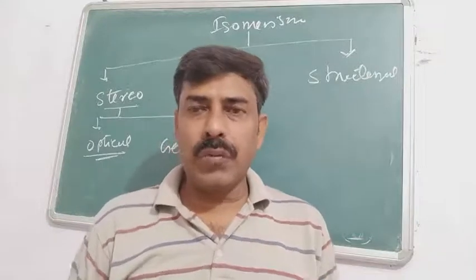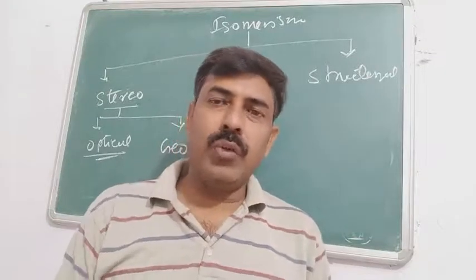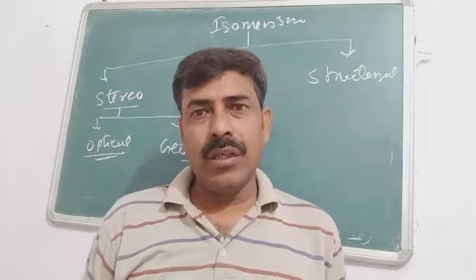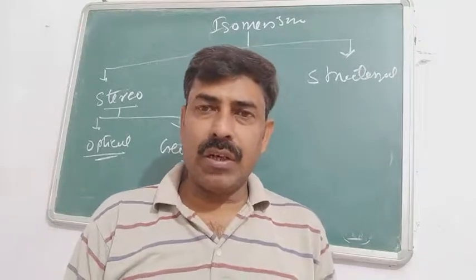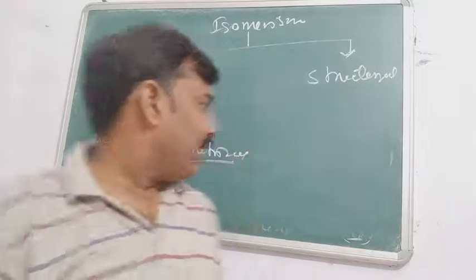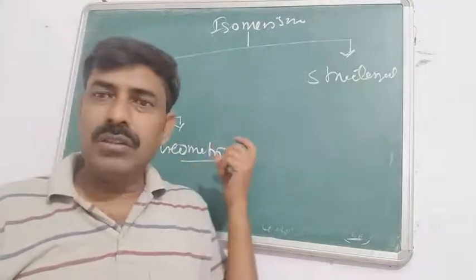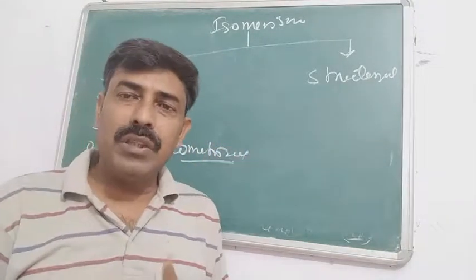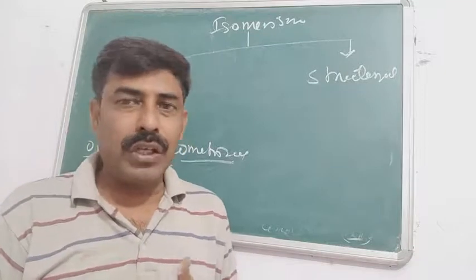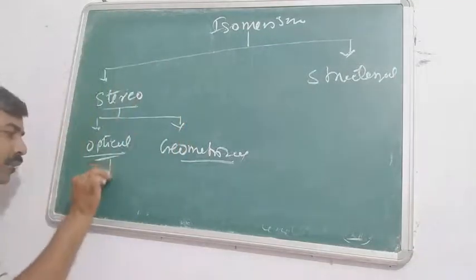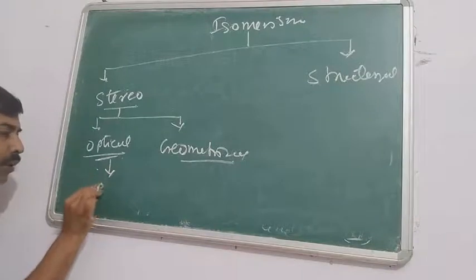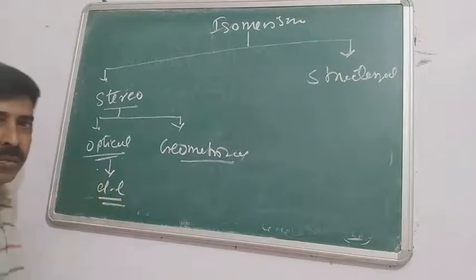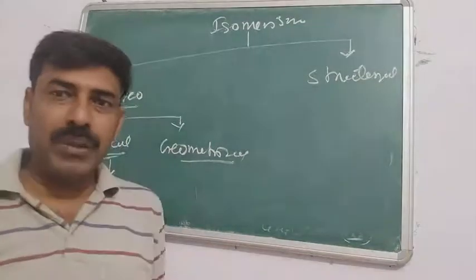The dextro and levo types of isomerism: the dextro one rotates the light in the clockwise direction and the levo one rotates it in the anti-clockwise direction. And the next one is the geometrical isomerism, which means there is a variation in the geometry only. In the optical isomerism, we study the DL isomerism, that is the dextro and levo isomerism.